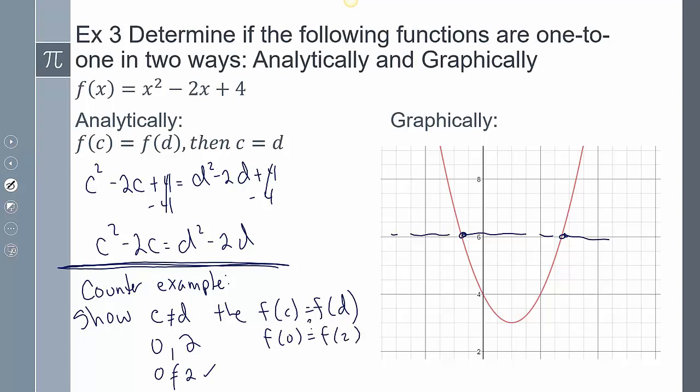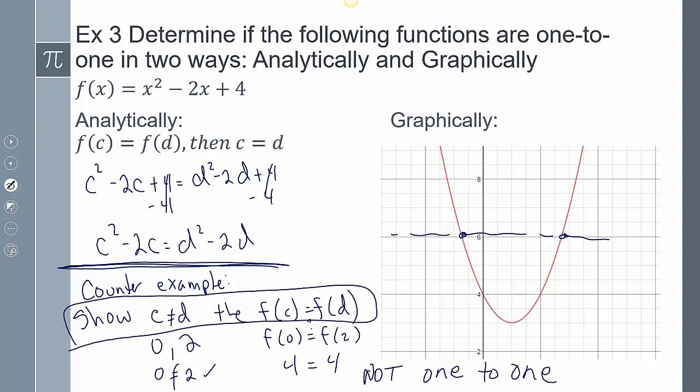If I plug in f of 0, I'm going to get 4. If I plug in f of 2, that gives me 4 minus 4 plus 4, so that's going to give me 4. So therefore, because I showed this statement, it's not 1 to 1. By showing this, it creates that counterexample to where something is not going to be 1 to 1.